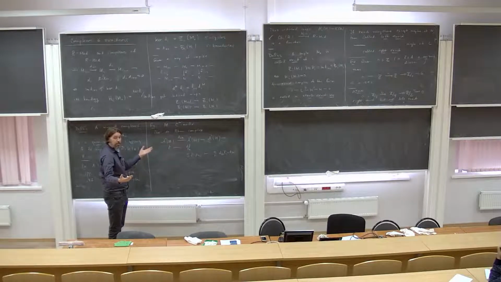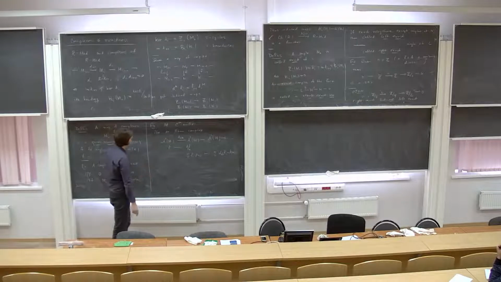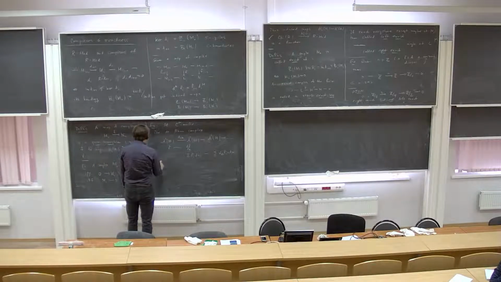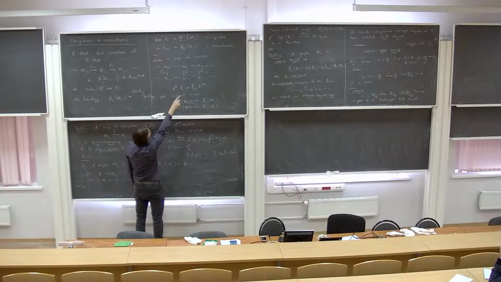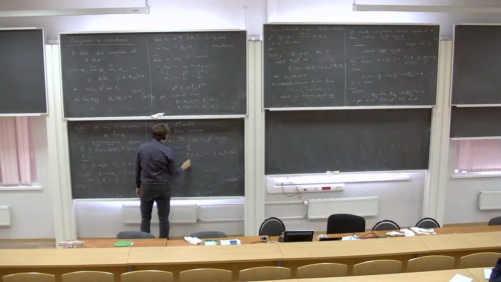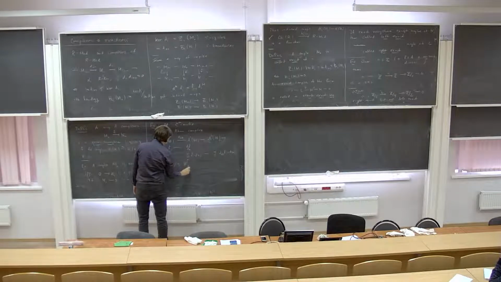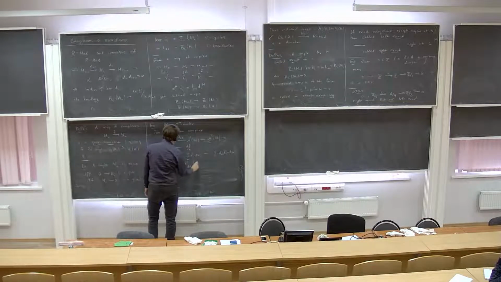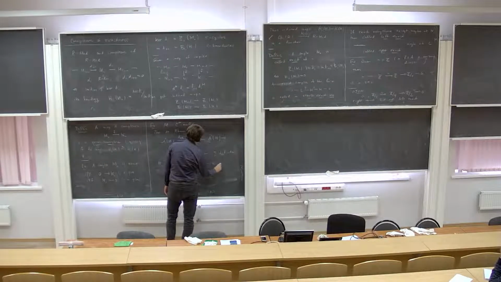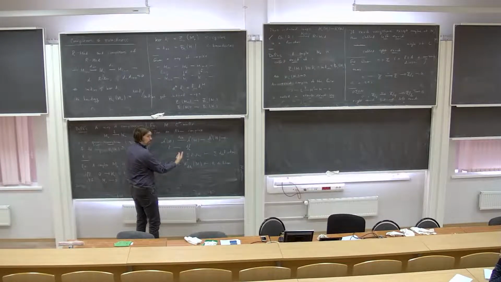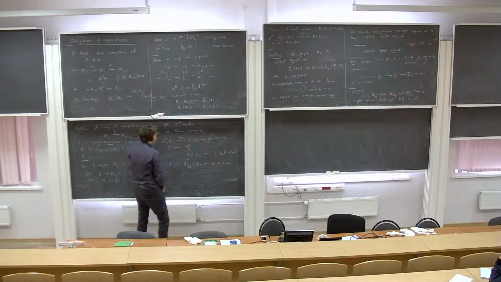We call this a co-chain complex, and we call its homology cohomology. So H^i of this de Rham complex is called the ith de Rham cohomology. It's the closed i-forms modulo the exact ones. Those that are killed by the differential modulo those that are in the image.